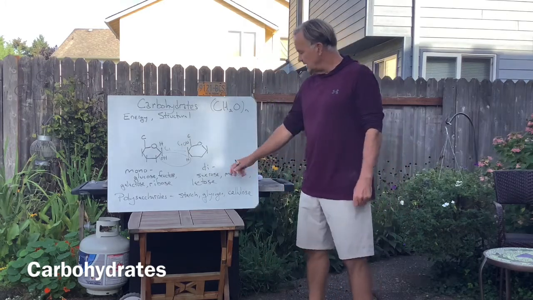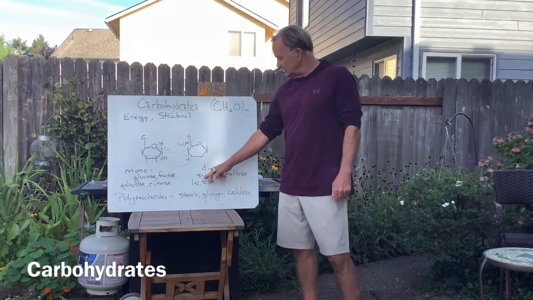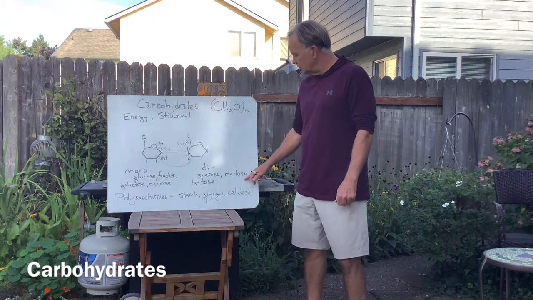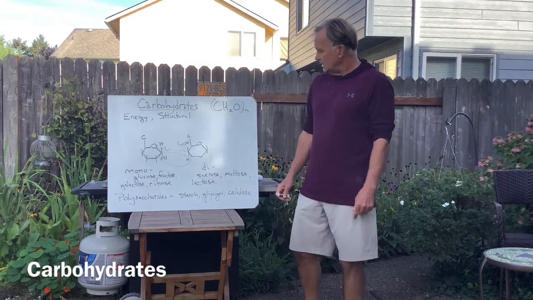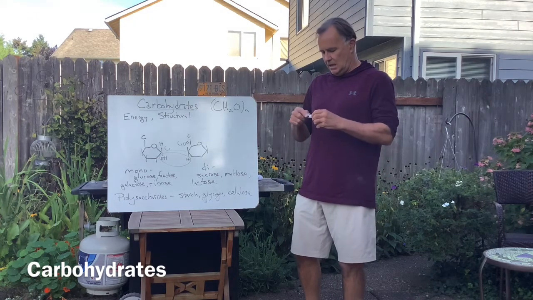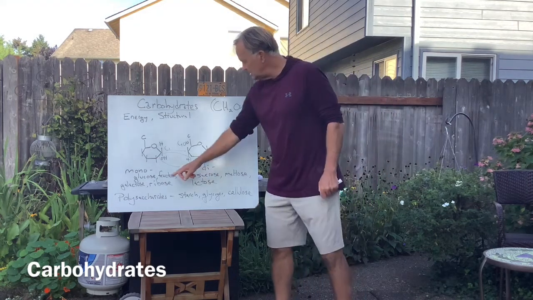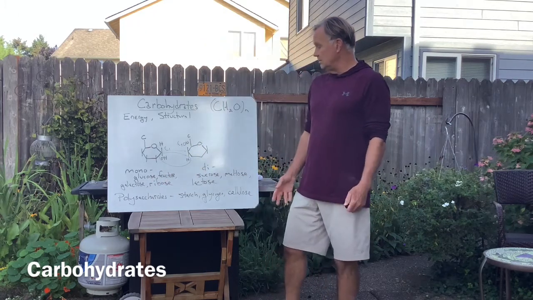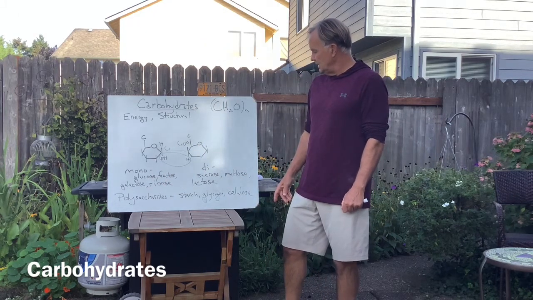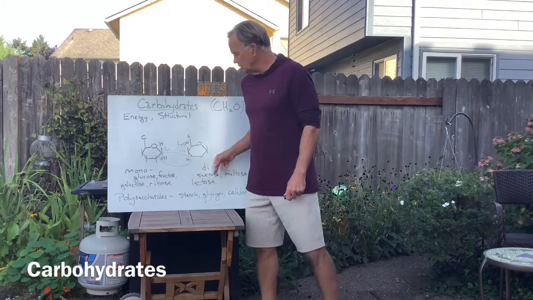Some common disaccharides are sucrose or table sugar, and you've heard of maltose and lactose, that's milk sugar. So you can always identify a sugar by -ose. If you have -ose at the end of a word, it's going to be a sugar. So those are both considered to be simple sugars.